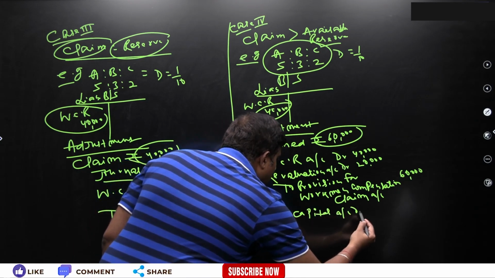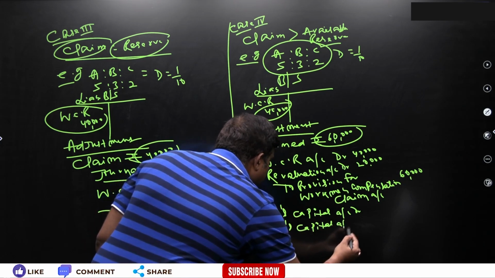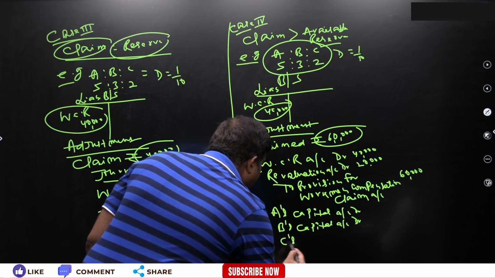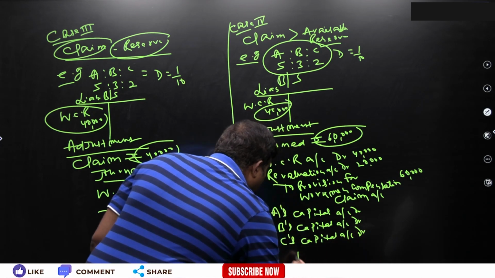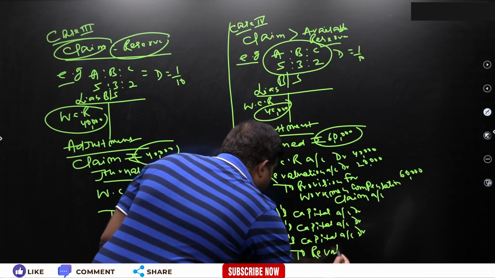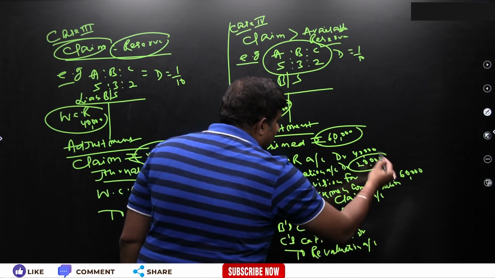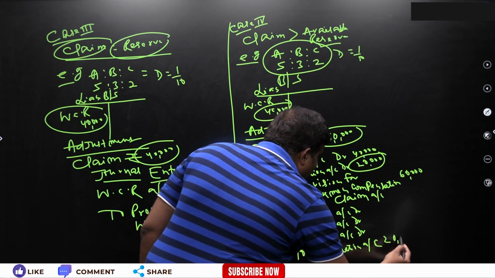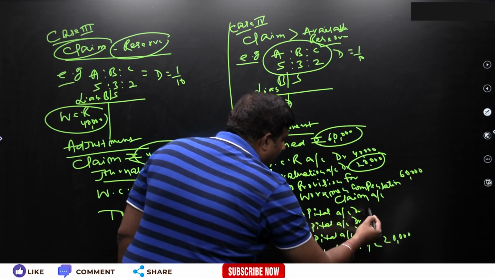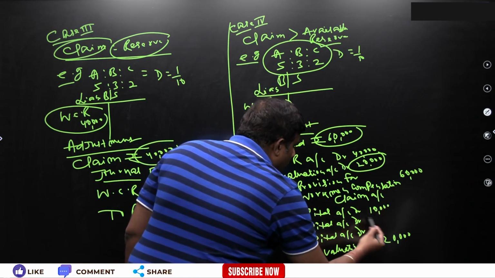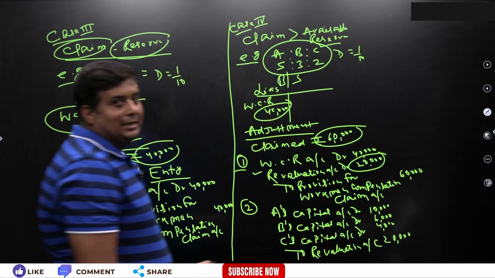So A's capital account, B's capital account, C's capital account debit, to revaluation account. Now this amount of 20,000 has to be distributed between all the old partners in their old profit and loss ratio. So 5 by 10 of 20,000, that is 10,000, should be given to A, 6,000 to B and 4,000 to C.